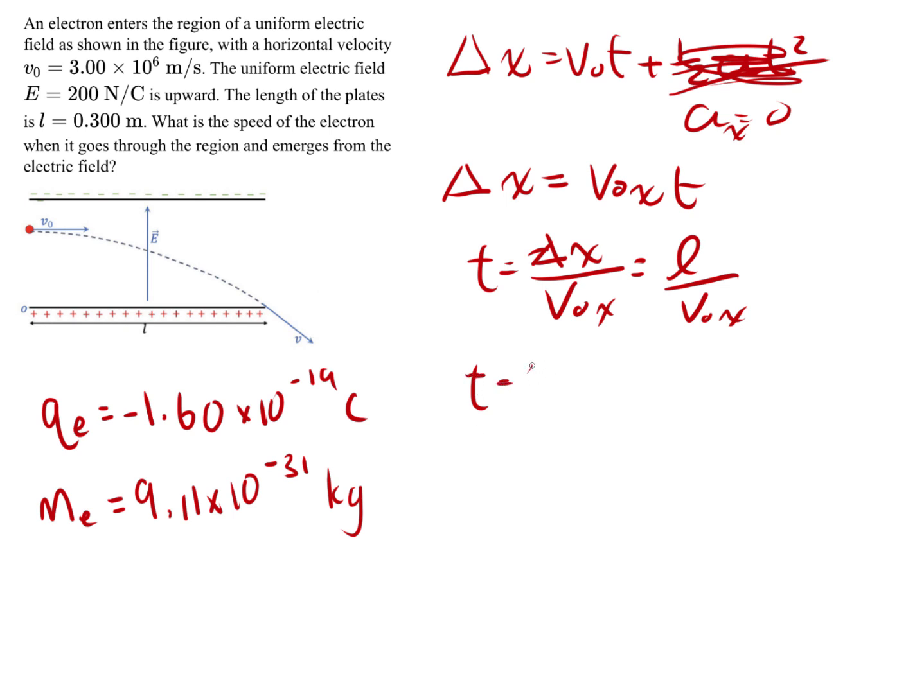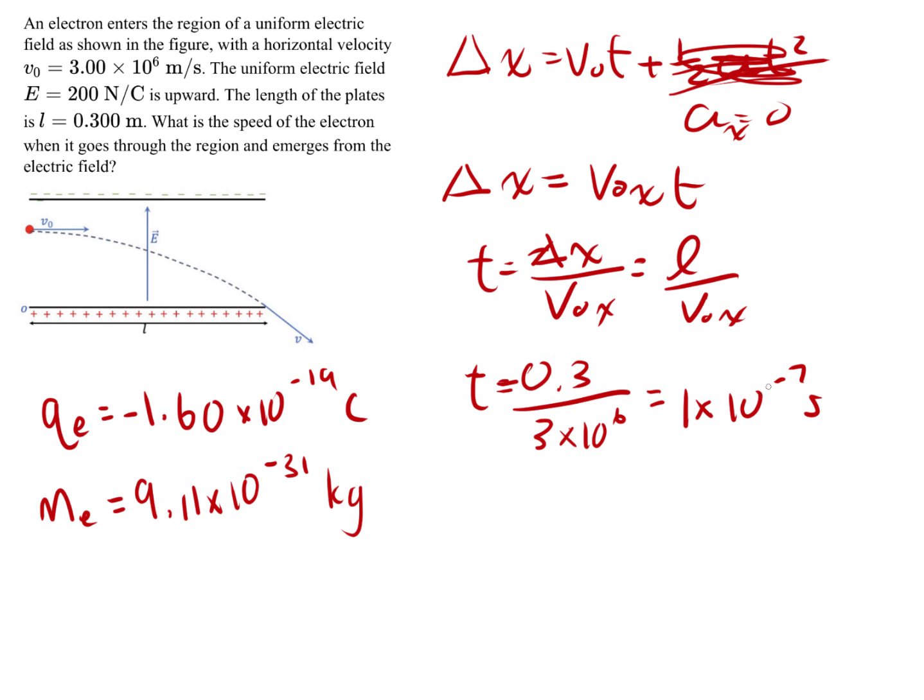So this is simply equal to 0.3 meters divided by the initial velocity of 3 times 10 to the 6th power meters per second. And if you evaluate this, you should get a value of 1 times 10 to the negative 7 seconds, which is a very small amount of time.